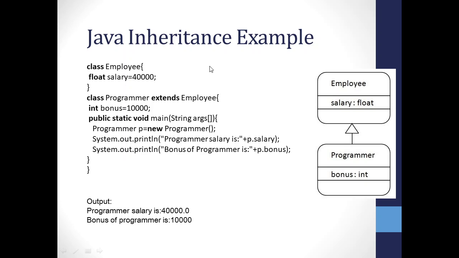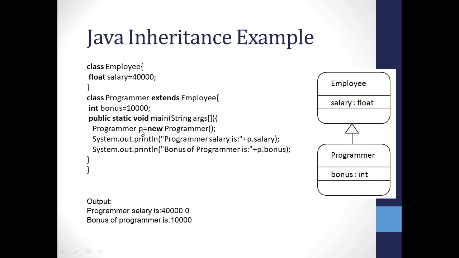Here we have given class employee, with the data field float salary equal to some constant value, and class programmer extends employee. Int bonus is equal to 10,000. Public static void main of String args.